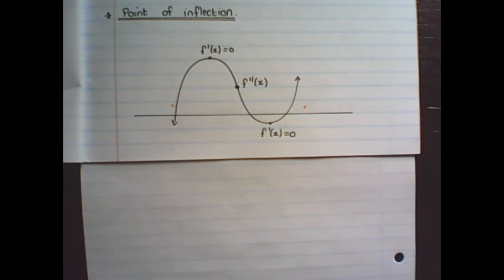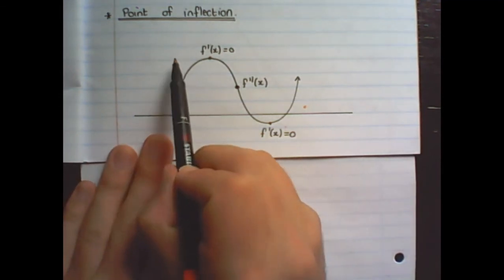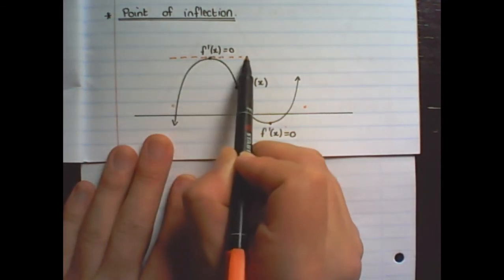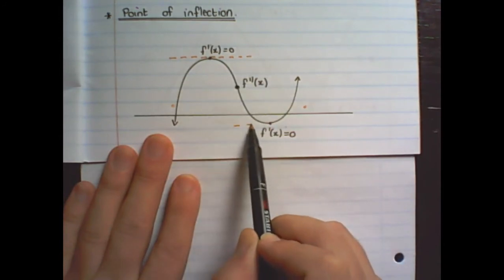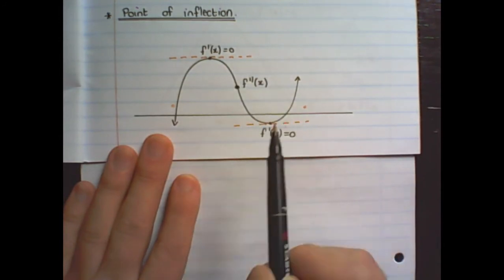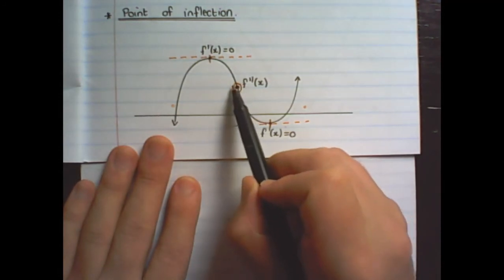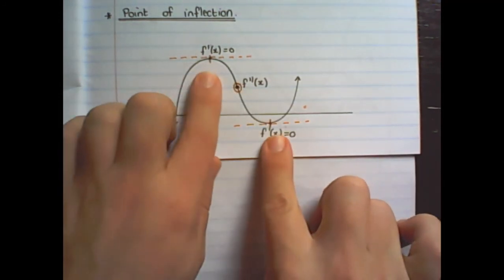Now we are going to discuss the point of inflection. So in this cubic function, we have two stationary points, that is, points where the gradient is equal to 0. And the point of inflection is the point exactly in the middle of the two stationary points.